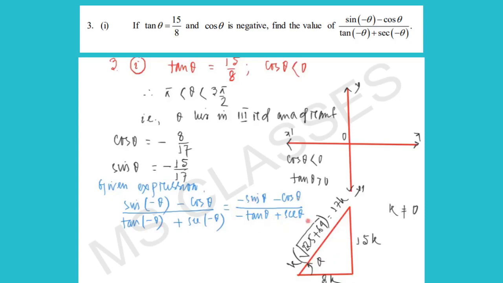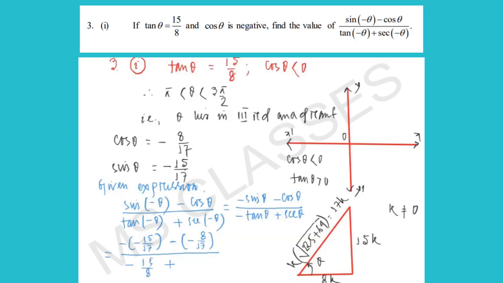Now just substitute the values. So what do we get here? Minus sin theta means minus of minus 15 by 17. Minus cos theta, minus of minus 8 by 17. Whole divided by minus tan theta, minus tan theta means minus 15 by 8, plus sec theta.